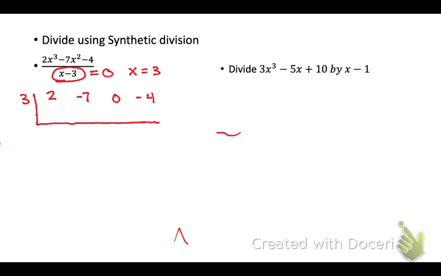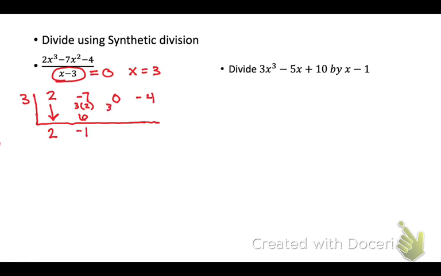So I'm going to write some things on this first time that I'm never going to write again. So you bring down the 2 every time. You bring down the leading coefficient every single time. Got me? Okay. And then 3 times 2 is what? 6. So -7 plus 6 is -1.